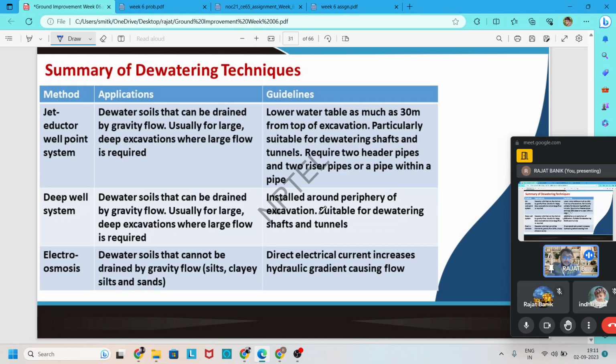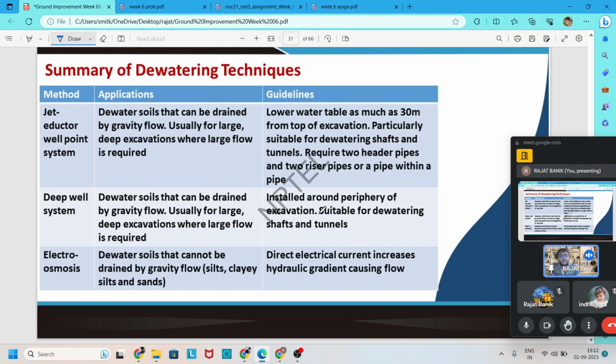The guidelines say it lowers the water table by as much as 30 meter. You can see that the previous well point technique reduces only up to 5 meter, but by this technique, with a single arrangement, we can lower the groundwater table up to 30 meter.